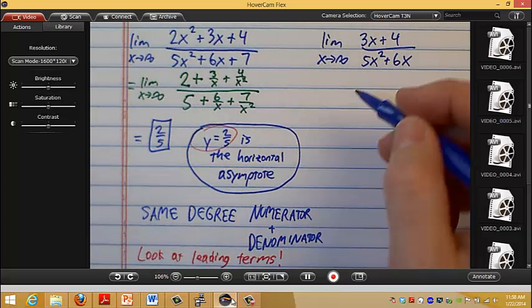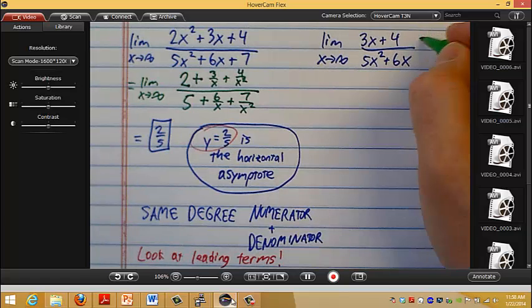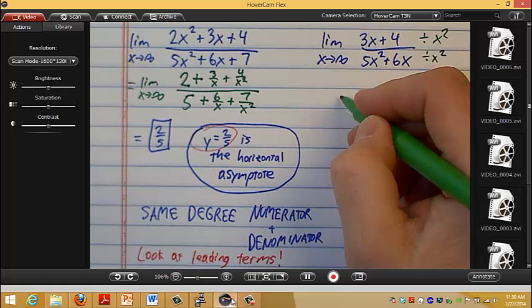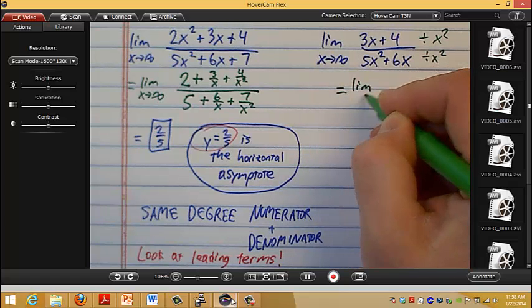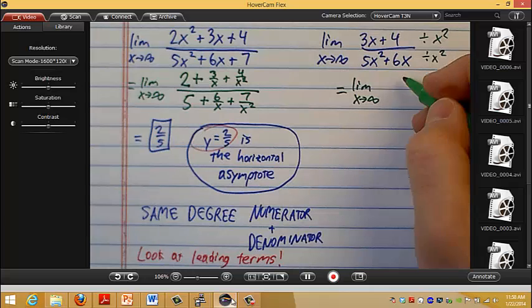So in this one, let's divide again by x squared. So this equals the limit as x approaches infinity. I get, let's see, what do I get?